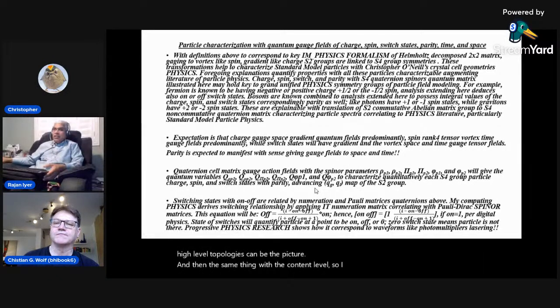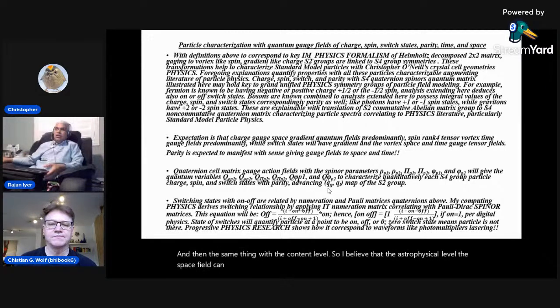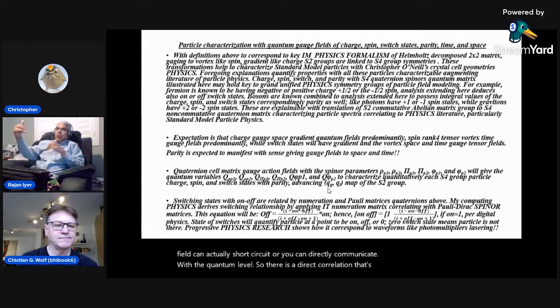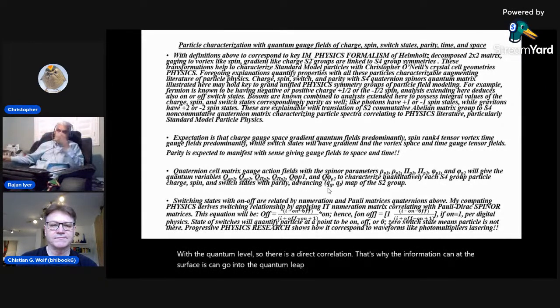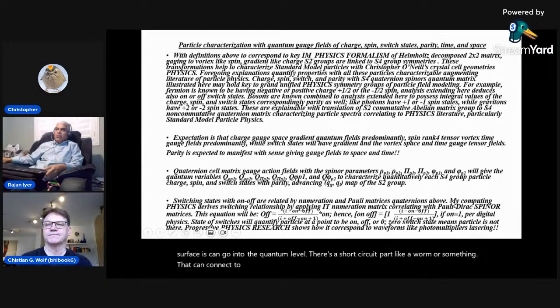So I believe that at the astrophysical level, the space field can actually short circuit or directly communicate with the quantum level. So there is a direct correlation. That's why information at the astrophysics level can go into the quantum level. There's a short circuit part, like a wormhole or something, that can connect to the quantum level.